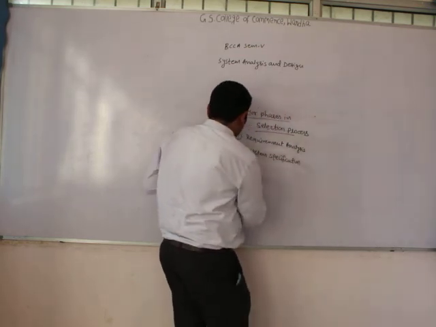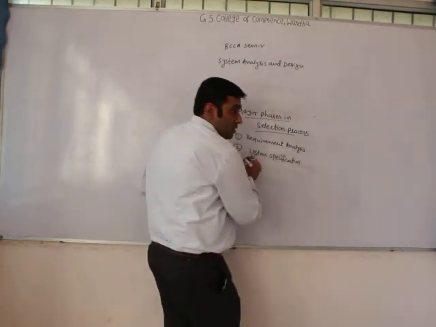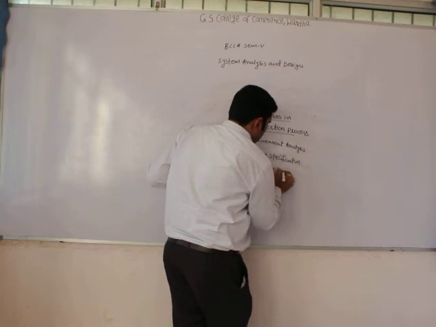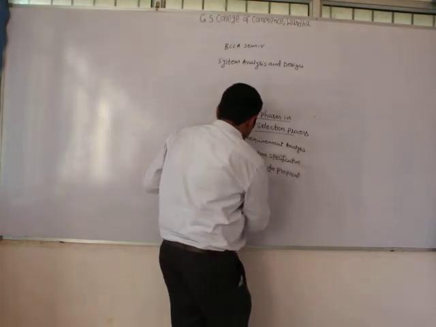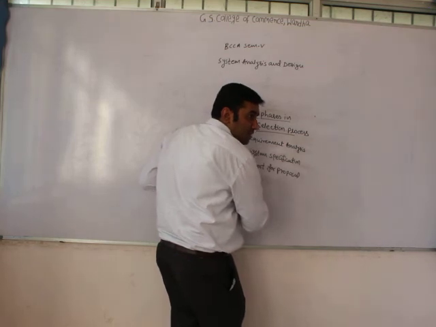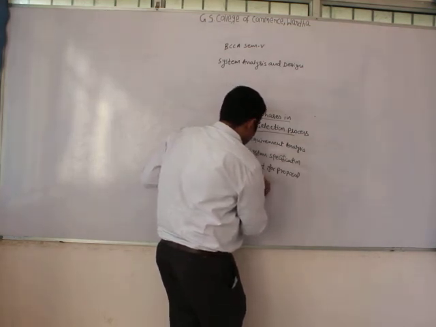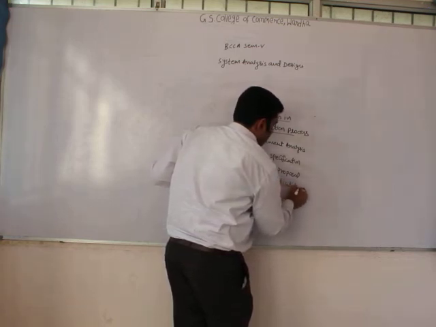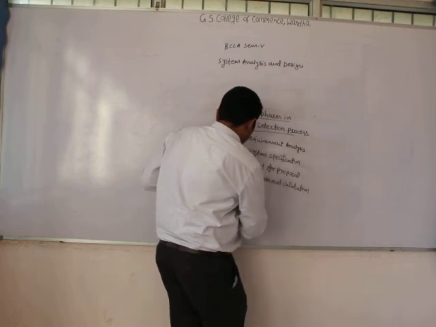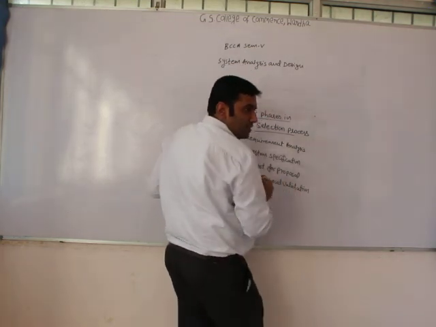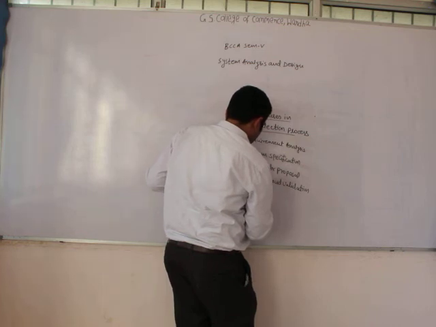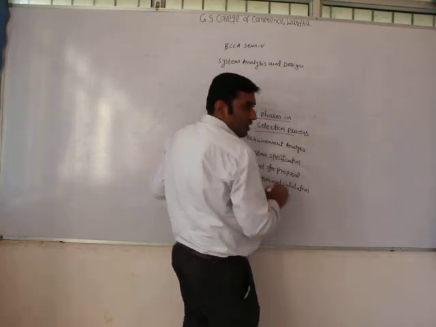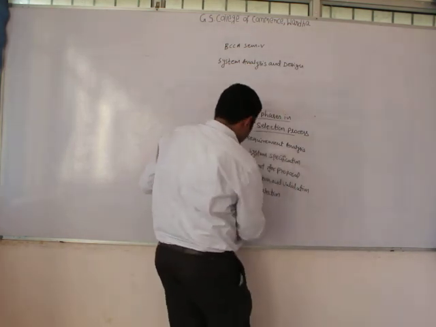Third is request for proposal. Fourth is evaluation and validation. Fifth is vendor selection. And the sixth is post installation review.